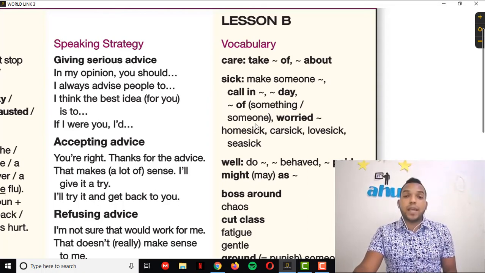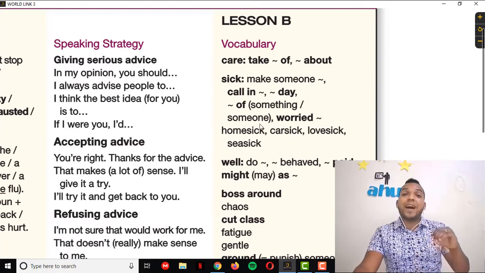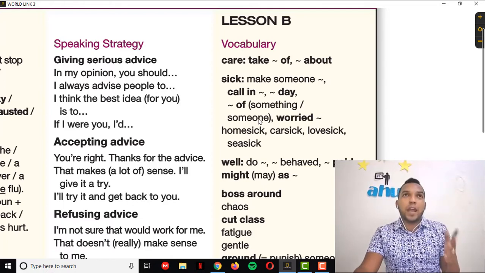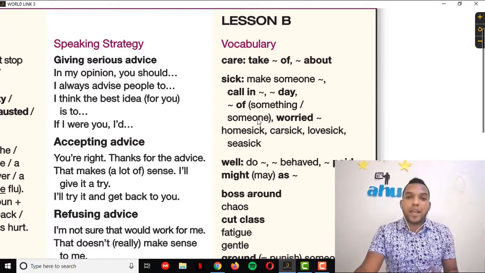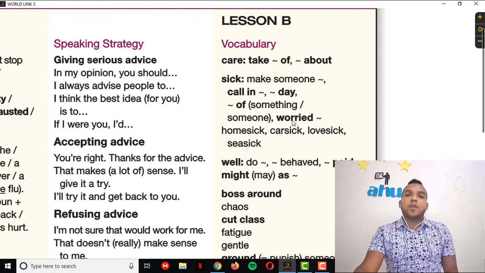But when we say sick of someone, it is specific to a person. Okay, I'm sick of you. Get away from me. Right? Get away from here. So that is sick of someone.